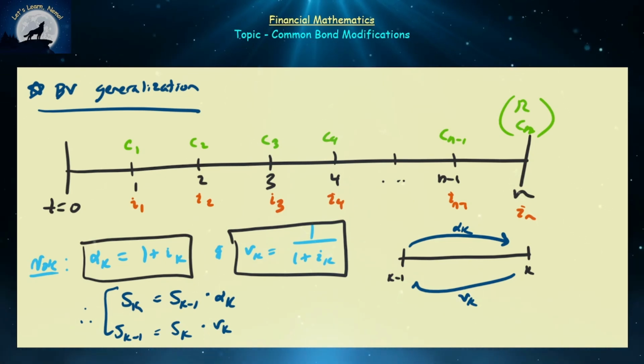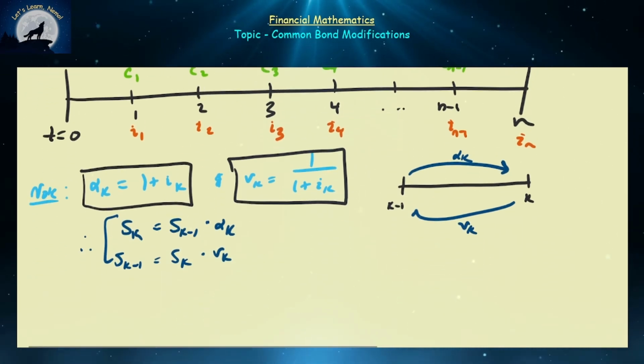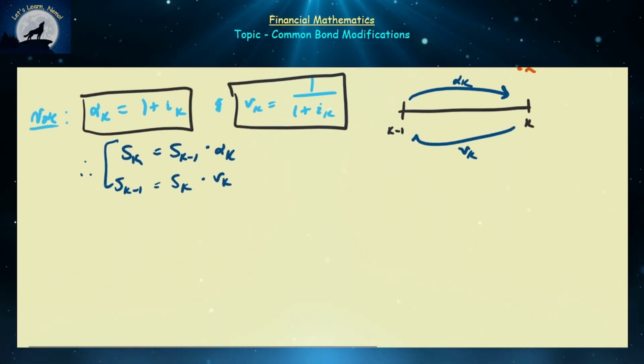So we have variable coupon payments and variable interest rates. How are we going to find the book value under this particular structure?